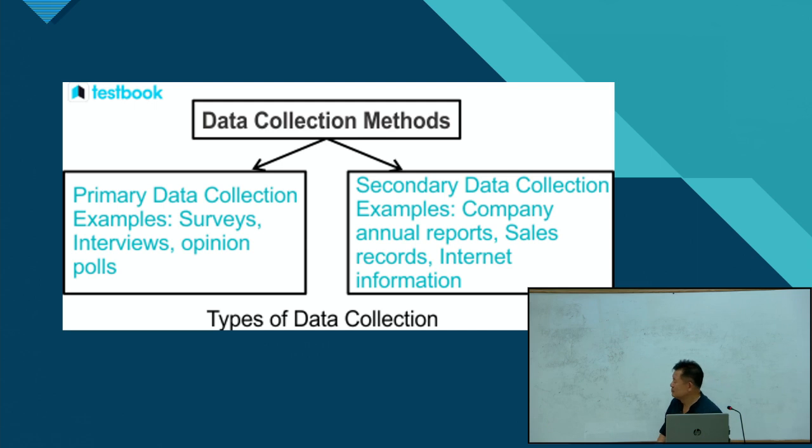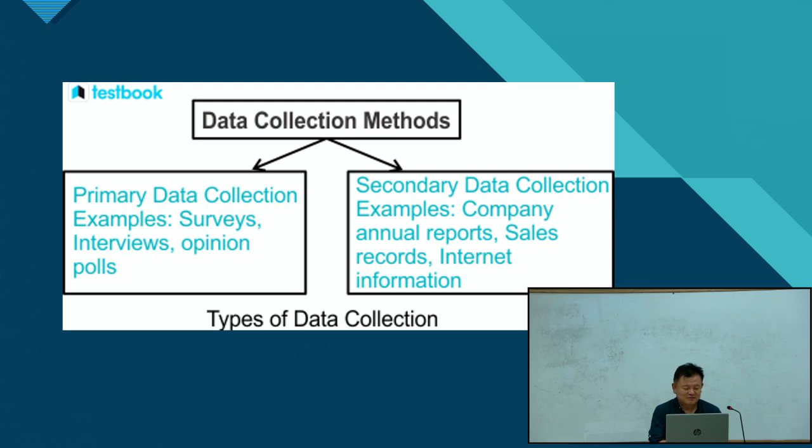Manipulated means, for example, plus, minus, times, or compare, and then make new data. This is secondary data. Daily sales records are raw or primary data. Then we process them weekly, monthly, quarterly, and that is secondary data.